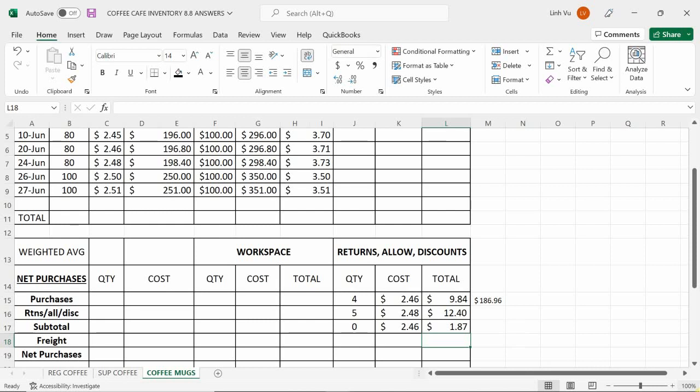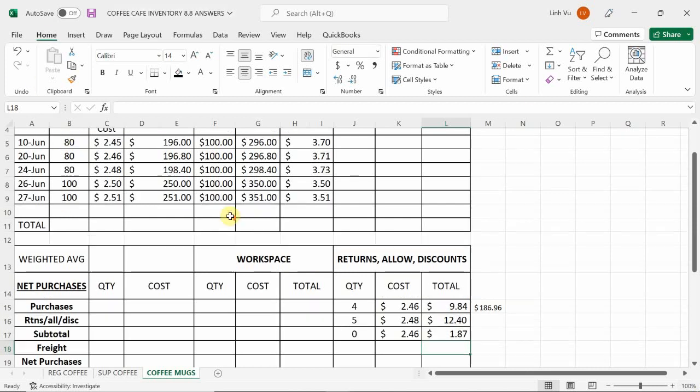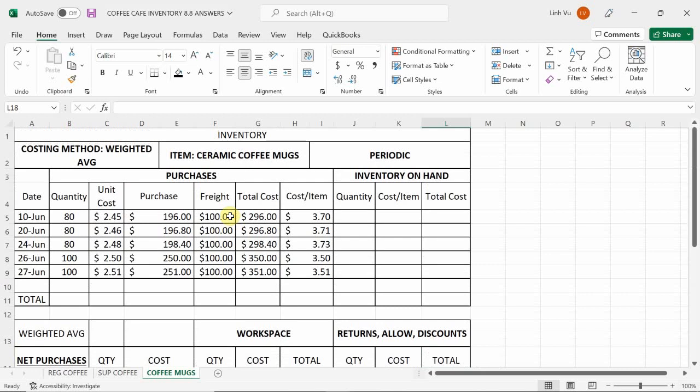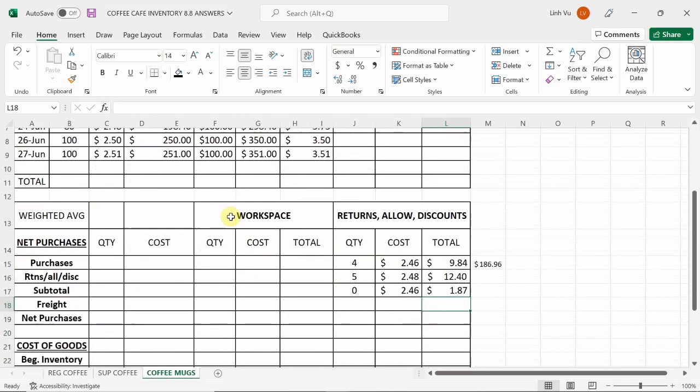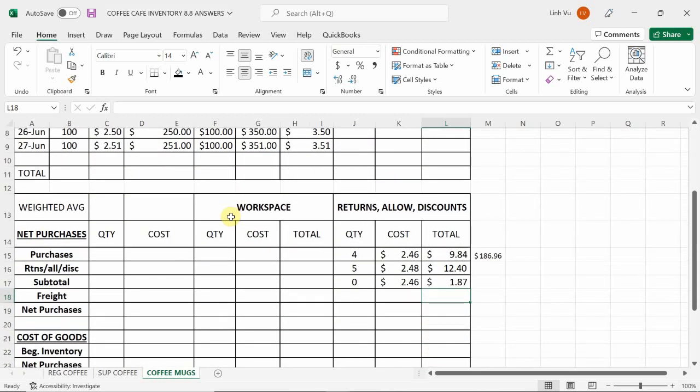Now, what kind of inventory tracking method am I using for the ceramic coffee mugs? I'm using periodic. So which account am I going to use to represent this discount? In this case, we use the purchase expense to record the periodic inventory.